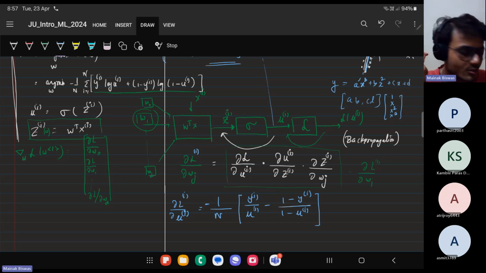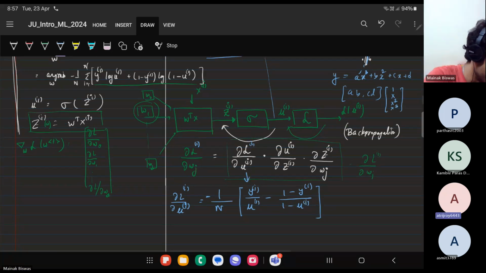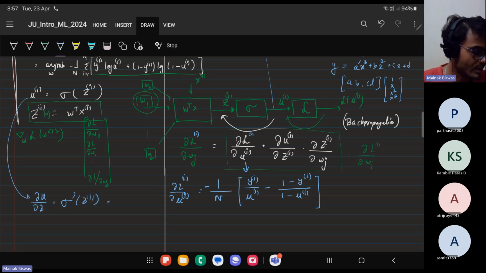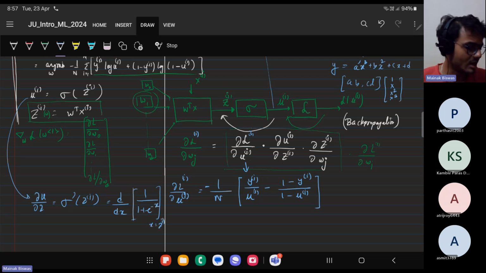Okay, so this is the derivative. Now the second derivative, what is the derivative that I need? With the sigmoid derivative, we need d mu by dz, which is nothing but the derivative of sigma dash zi, right? So d by dx of 1 by (1 plus e to the power minus x) at x equal to zi.